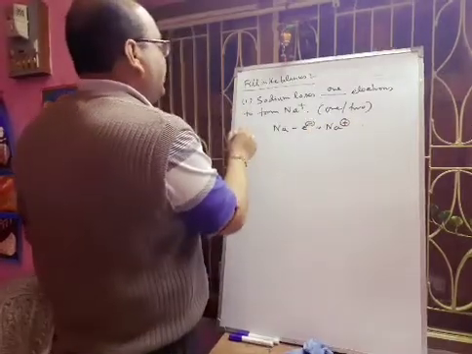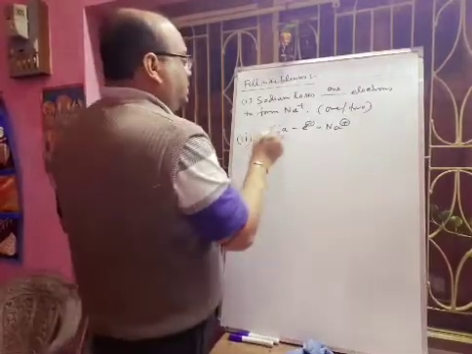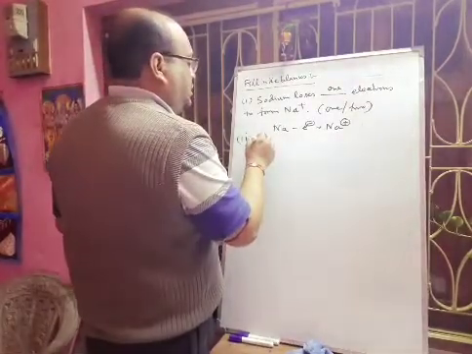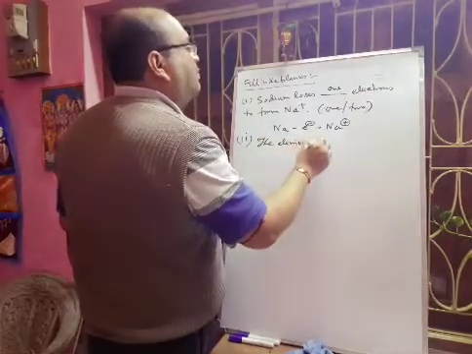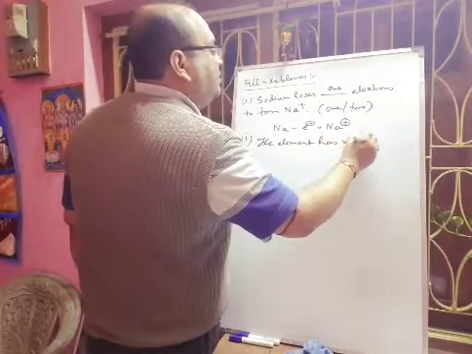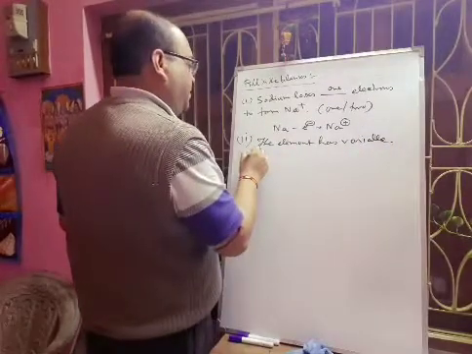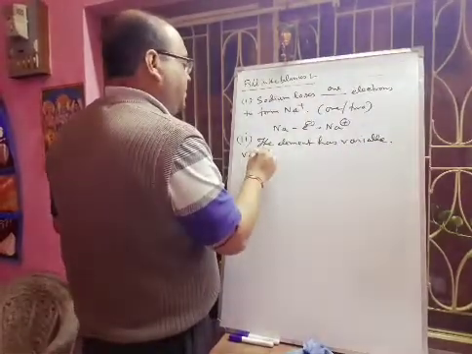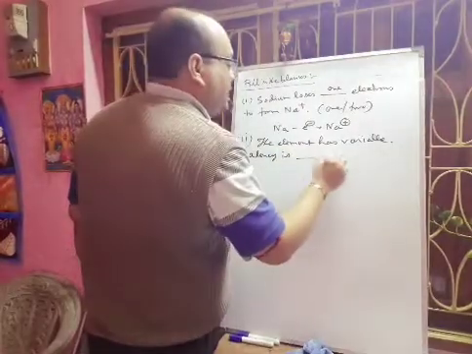Next question is given: the element that has variable valency is dash.